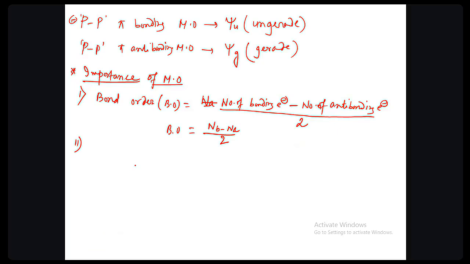Second, we can get information about bond length. We know that bond length is inversely proportional to bond order, because with an increase in bond order, bond length decreases.